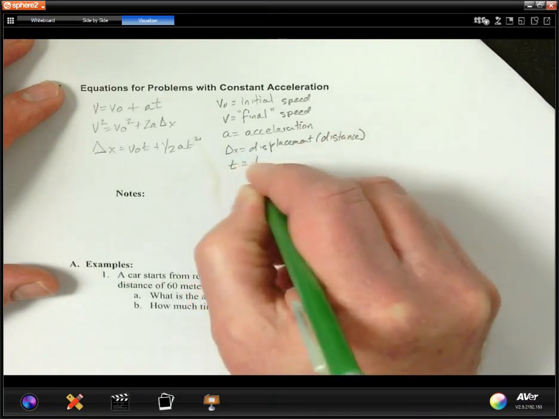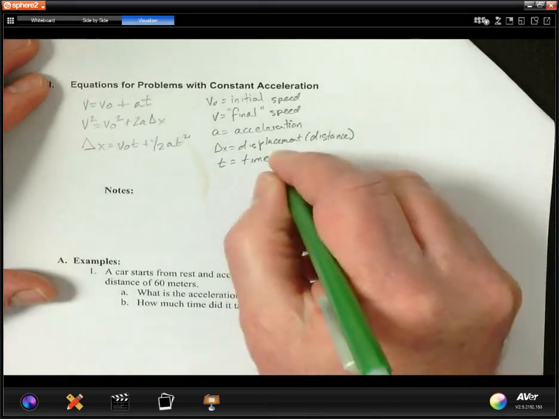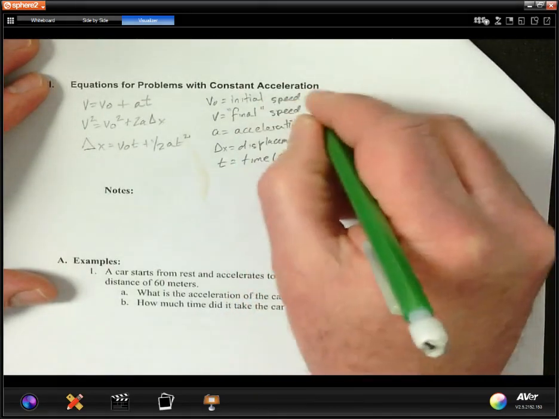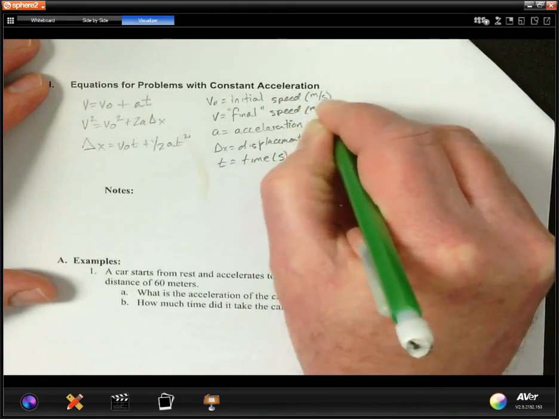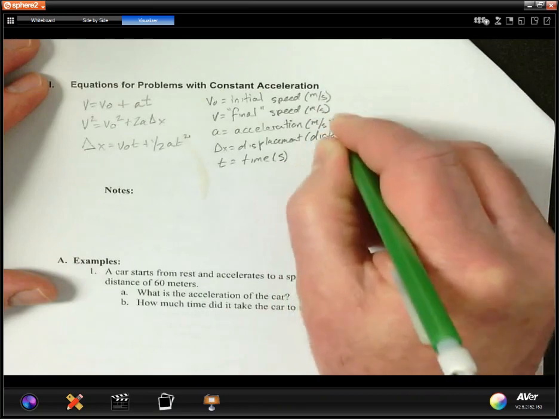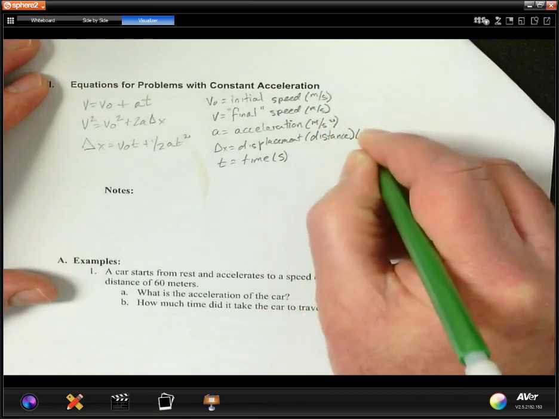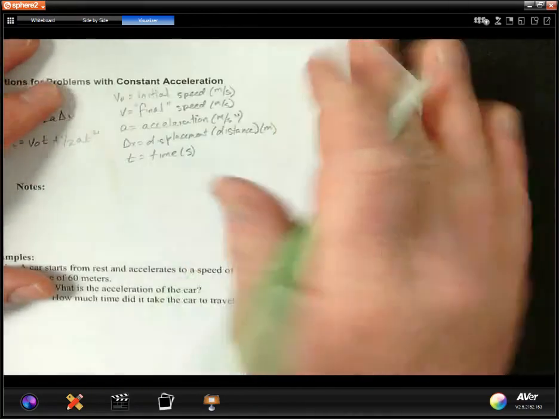And t is time. And maybe we should put the units for these here. Time is going to be in seconds. Speeds are in meters per second. Acceleration is going to be in meters per second squared. And displacement is in meters. And I haven't actually defined acceleration.